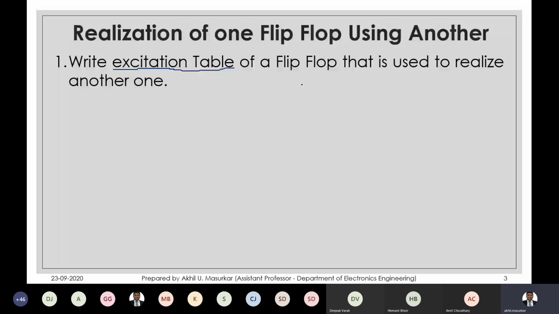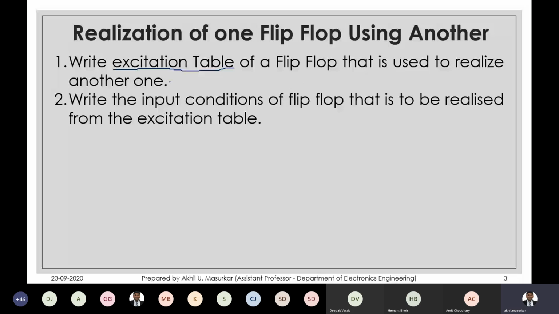Write the input conditions of the flip-flop that is to be realized from the excitation table. So write the excitation table of the flip-flop that is used to realize and the one to be realized. These are two different things.